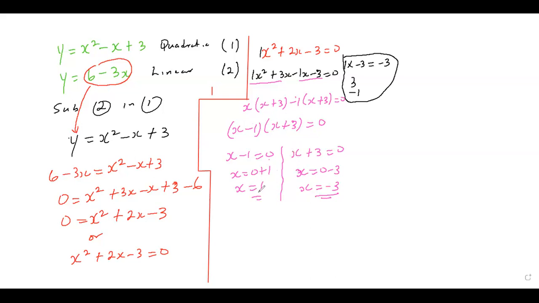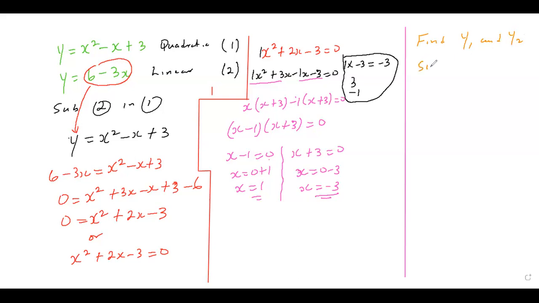Now, when I finish, the next stage, I'm going to find what is y1 and y2. We know what is x1 and x2. So my next focus is to find y1 and what? y2.